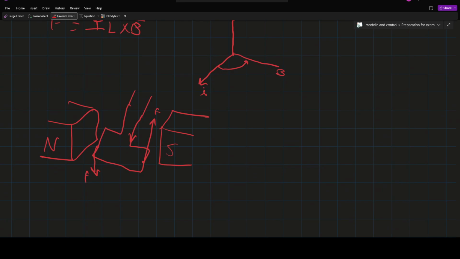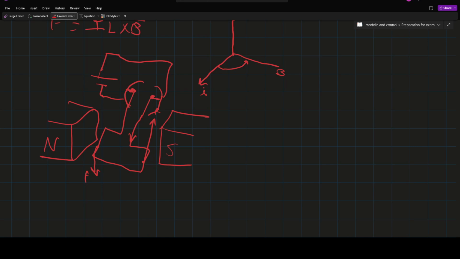But this is only true if these terminals stay the same. That's why we have a commutator here that allows us to change, because you can do the thought experiment figuring out what will happen with the motor if we don't change the currents here. But basically it's just gonna go like a pendulum. It will try to go from one to another and go reverse, so it will not rotate.